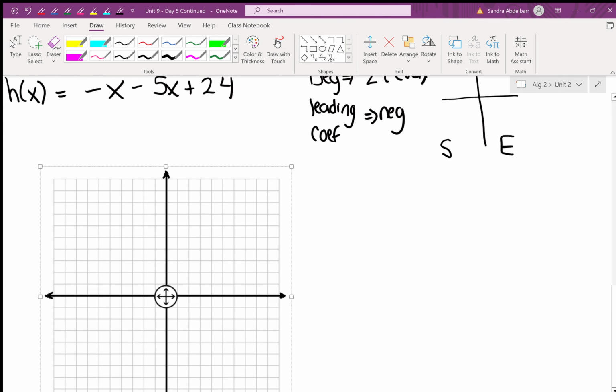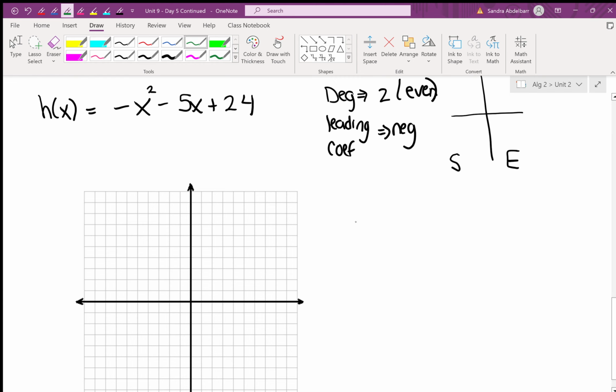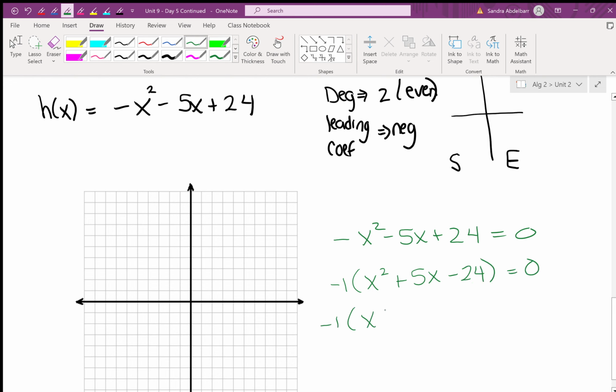Okay. Do we all agree we're going to have to factor? Do we factor when the leading coefficient's negative? No, I'm going to pull out a GCF of negative 1: x squared plus 5x minus 24. So then when we factor, we get x plus 8, x minus 3.